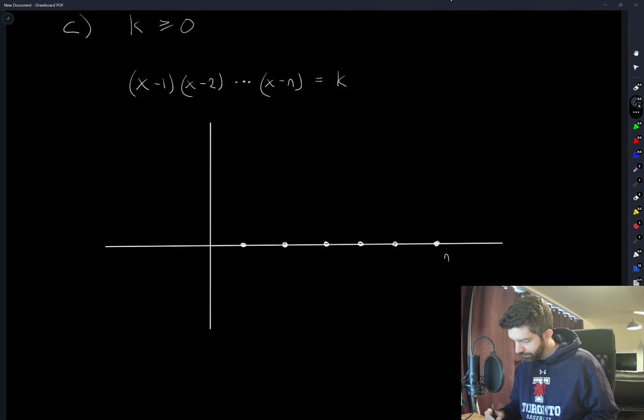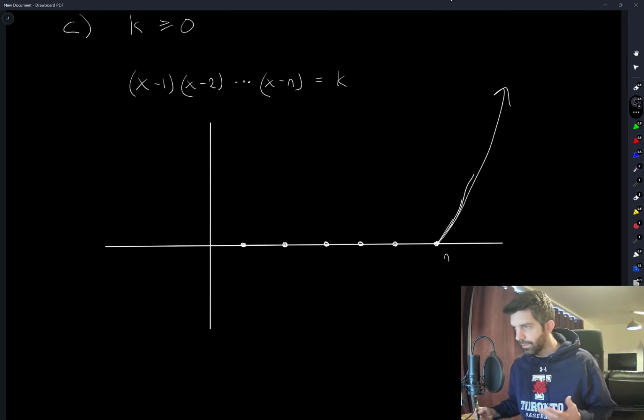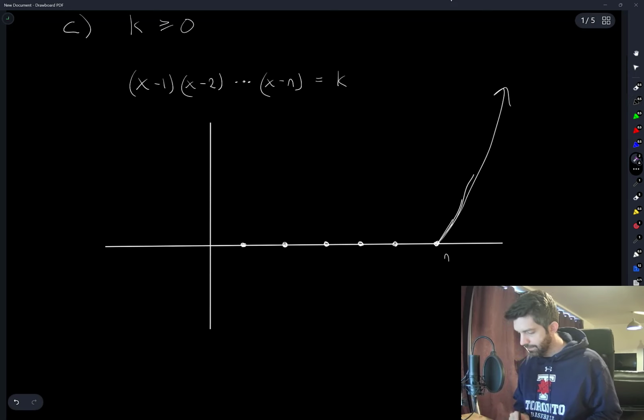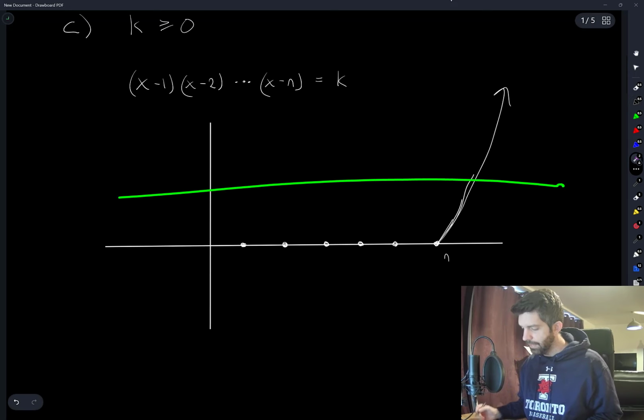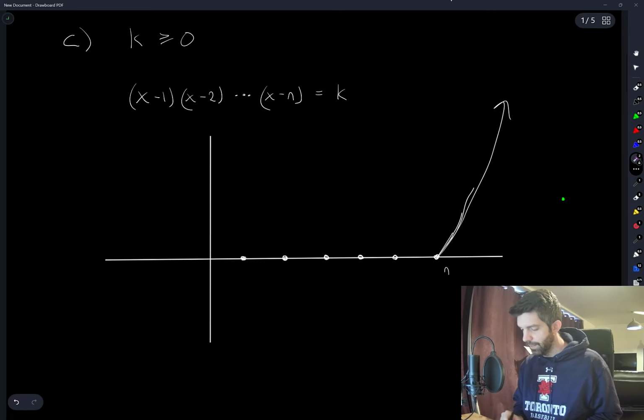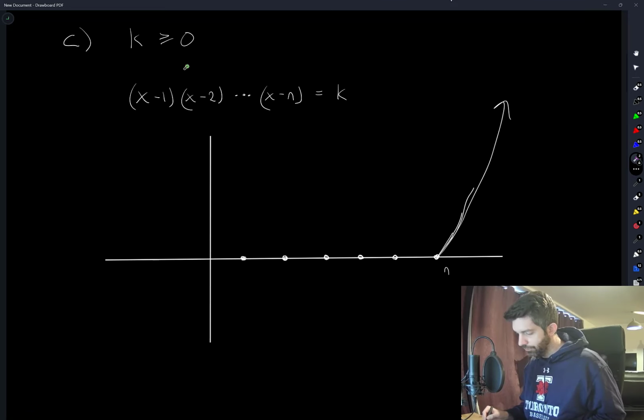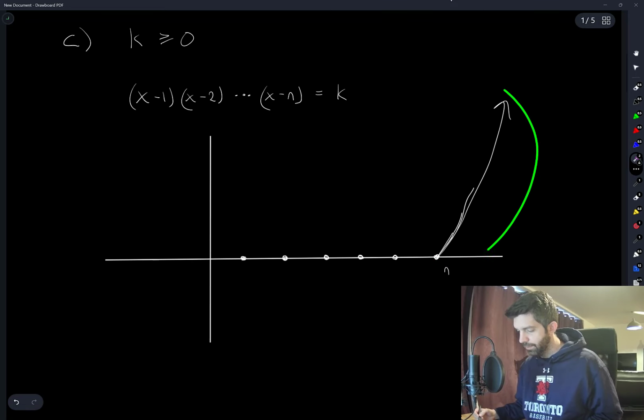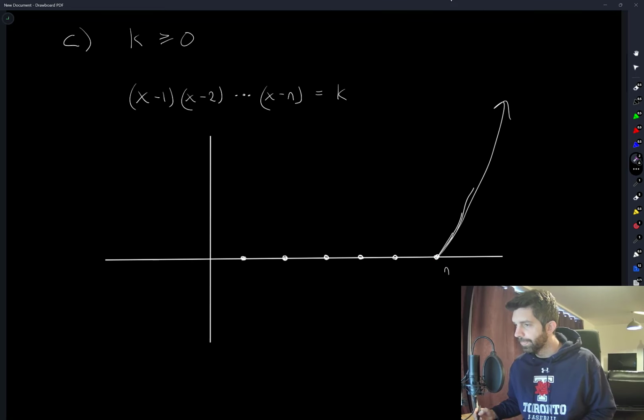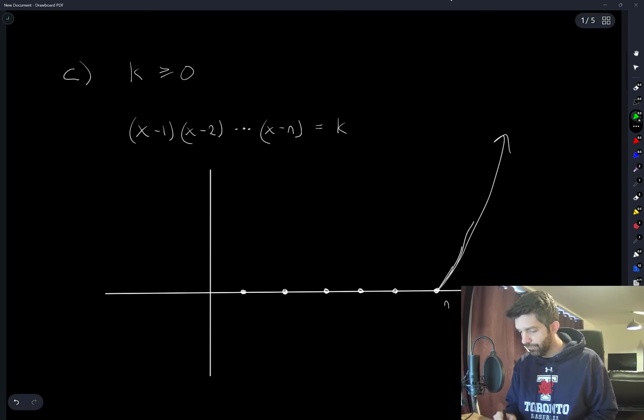And we never come back down to 0, so the polynomial will blow up to infinity in this direction. And so any horizontal line that I draw for a non-negative k will intersect this polynomial somewhere for a value of x greater than n. So option C is the correct one.